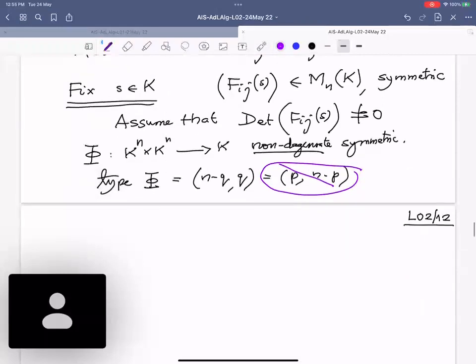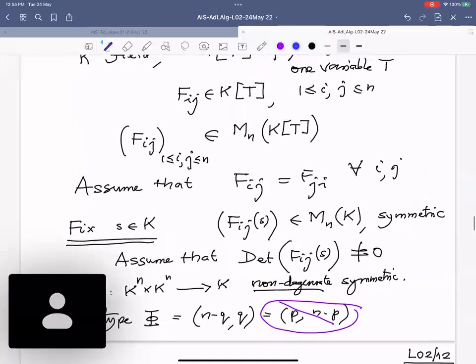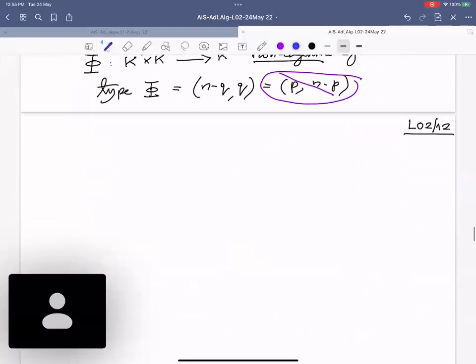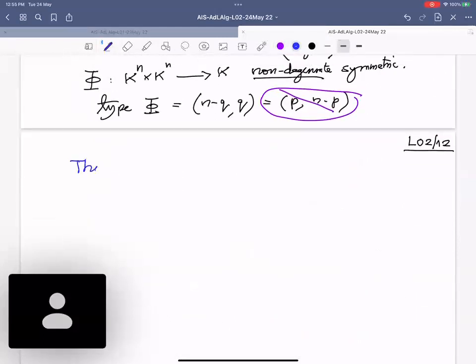Now, what do we want to prove? See, we have so many assumptions, but the assumptions are very clear now. So then there exists epsilon positive.